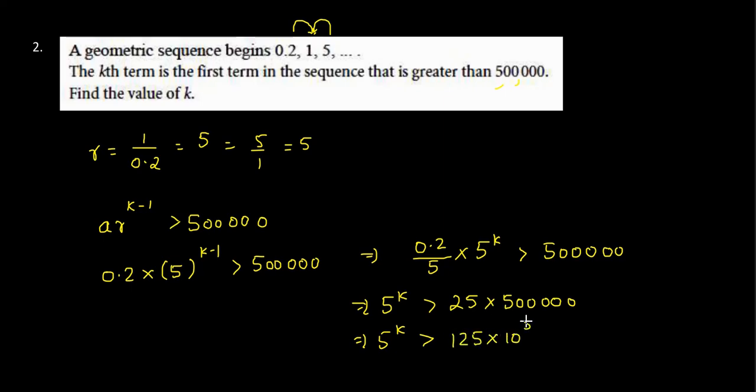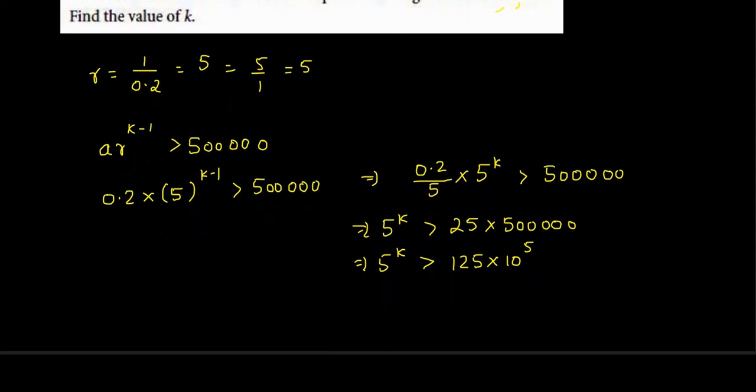Now taking log on both sides, this gives k log 5 is greater than log of 5 cube times 10 raised to power 5.